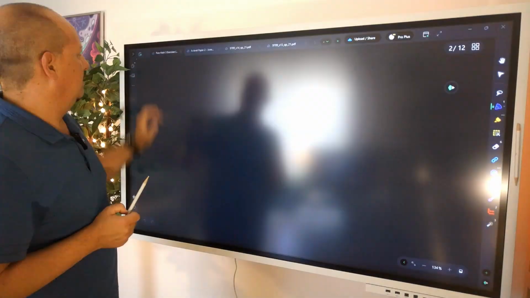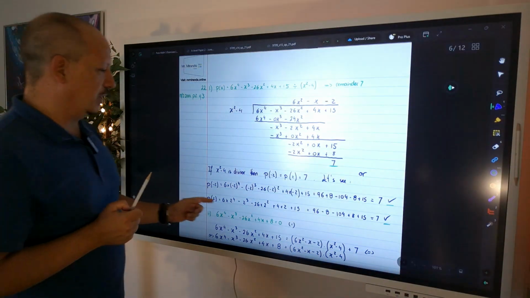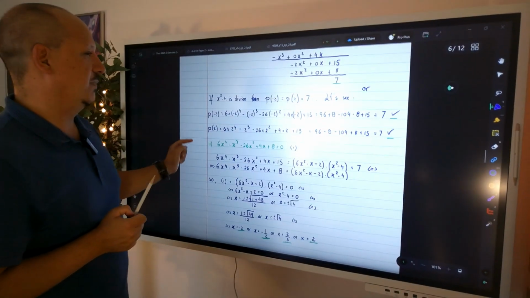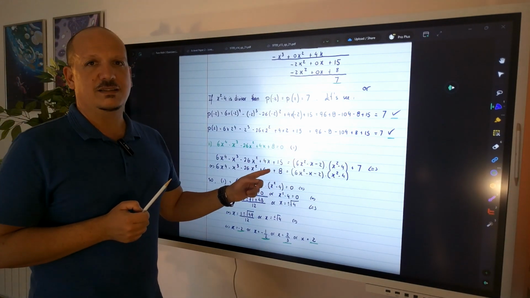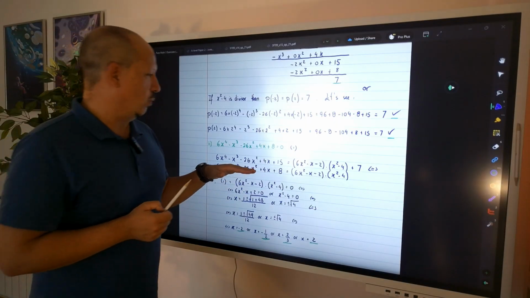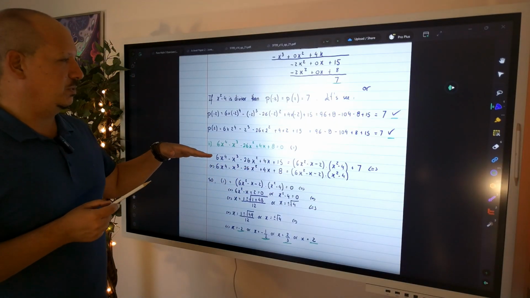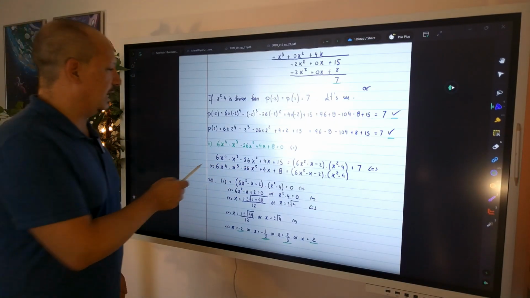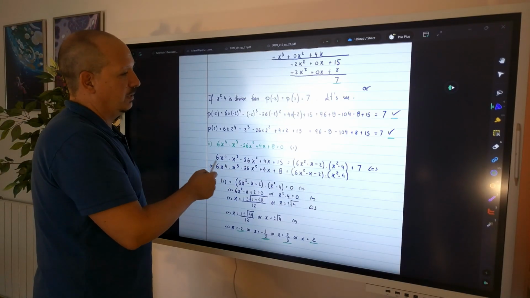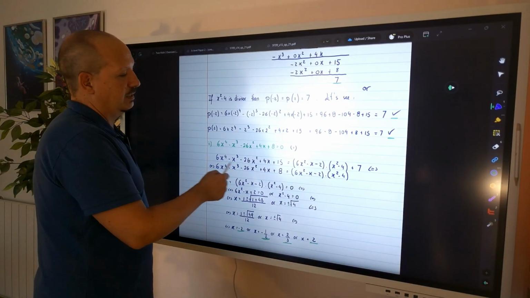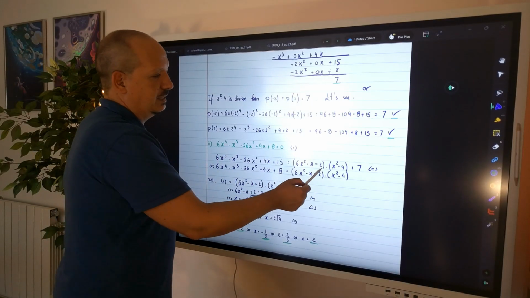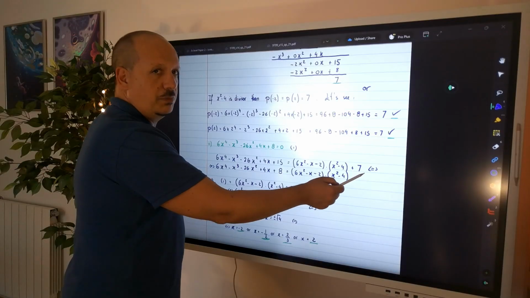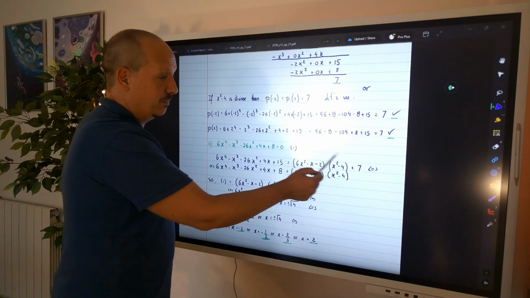Well, if you pay attention, you know that if you subtract 7 from 15, you get 8, right? So what did you get with the remainder over there? You know that the whole polynomial, the dividend, is equal to the divisor times the quotient plus the remainder, right?